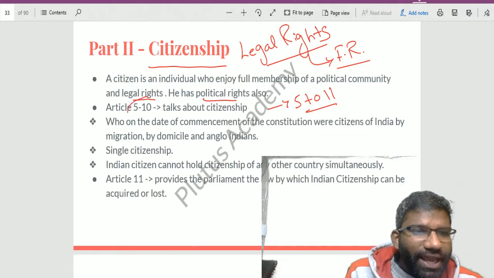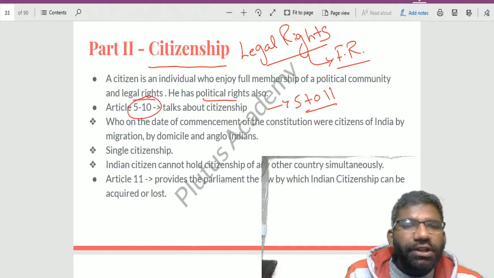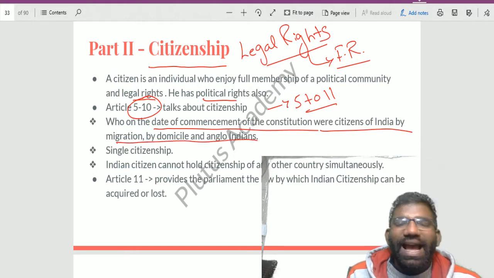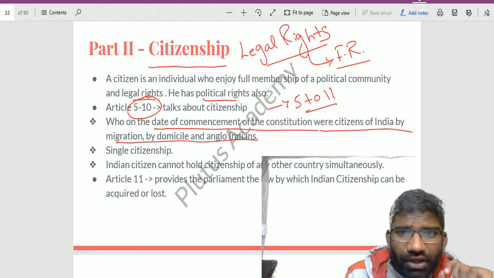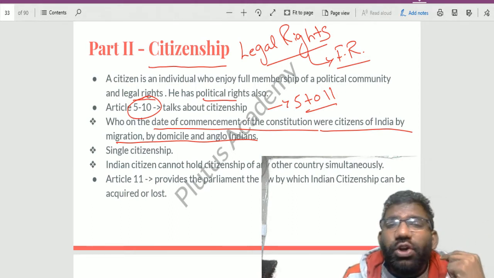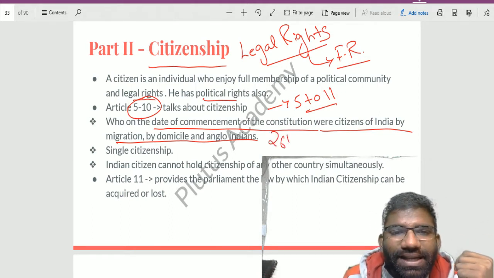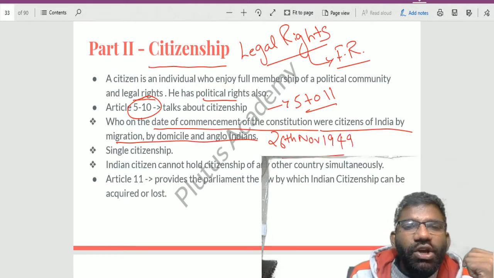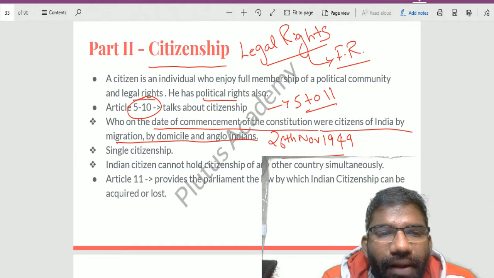Now, what do Articles 5 to 11 talk about? Articles 5 to 10 say who, on the commencement of the constitution, were citizens of India by migration, domicile and Anglo-Indians. When the Constitution of India came into enforcement, that is 26th November 1949, who were the citizens of India?